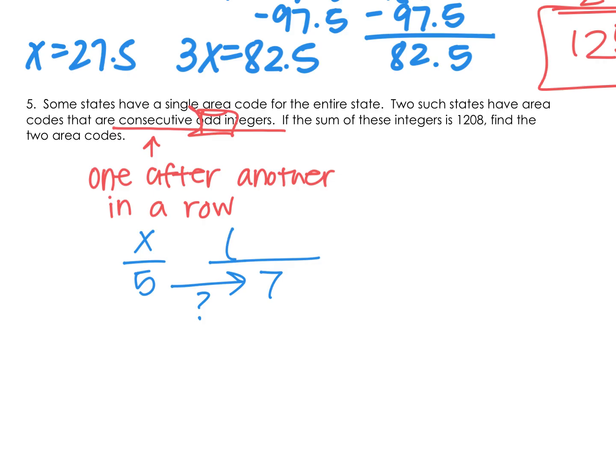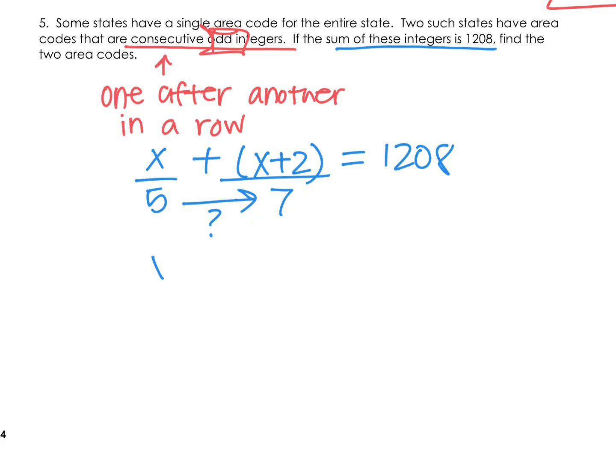So we take x and we add 2 to it. So there's our expression. And then the next sentence says the sum of these 2 integers is 1208. So what does sum mean? Addition. And then is 1208. Look at that. We've got an equation: x plus x plus 2 equals 1208.